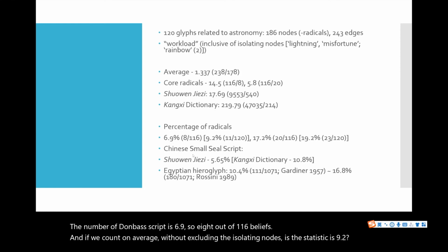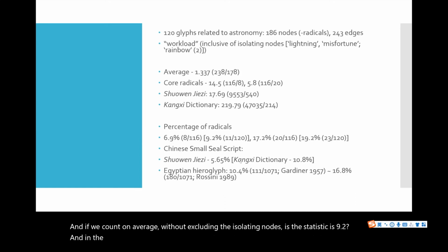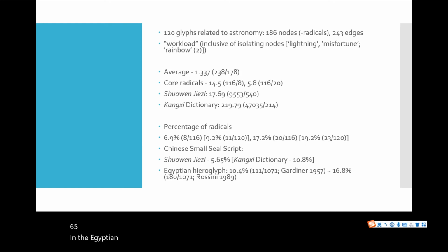In the Chinese small seal script, the number is 5.65. And in Egyptian, the percentage of radicals is between 10.4% and 16.8%.